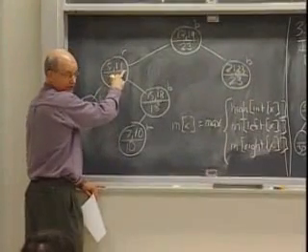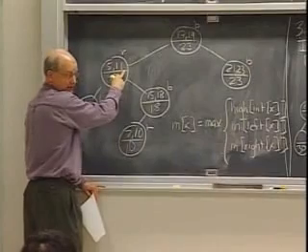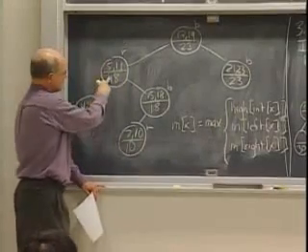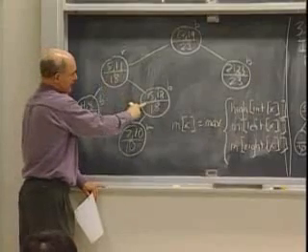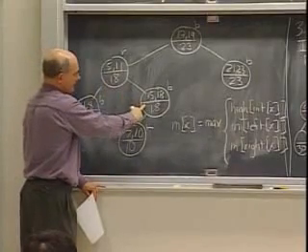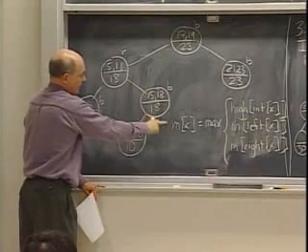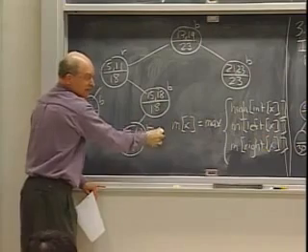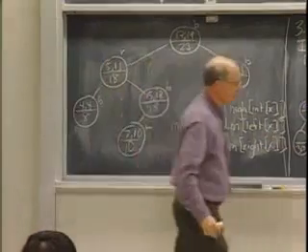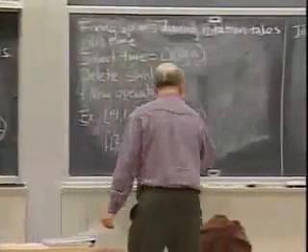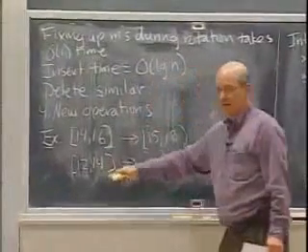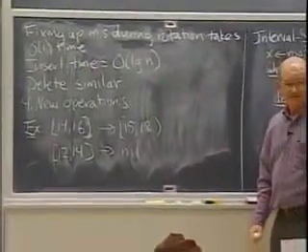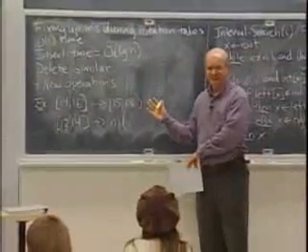Does it overlap? No. I look at the left. It says I go right. I look here. Then I look at the left. It says, nope, go right. I go here, which is nil. I return nil. And does 12,14 overlap anything in the set? No. So therefore, it always works.